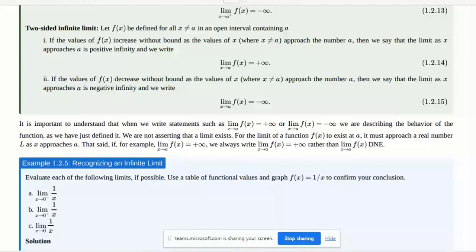Erica. I'm here. Okay. What is the limit of 1 over x as x approaches 0 from the left?